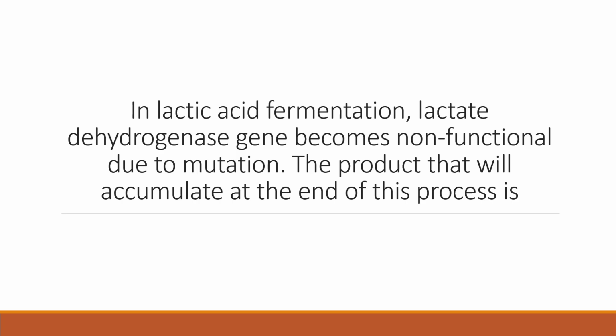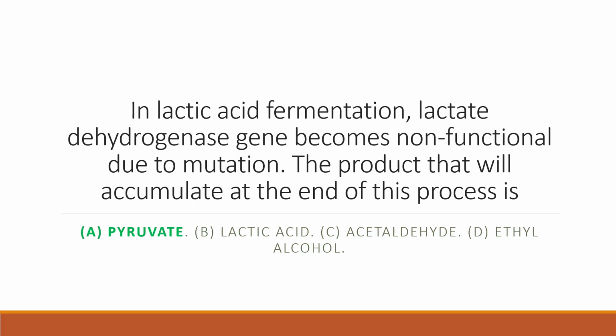Here you have to simplify this question. Simply the question is, lactic acid is not forming from the pyruvate because there is no availability of the particular enzyme. So then what will be the accumulated product? It is the pyruvate, right? They gave the options pyruvate, lactic acid, acetaldehyde, ethyl alcohol.